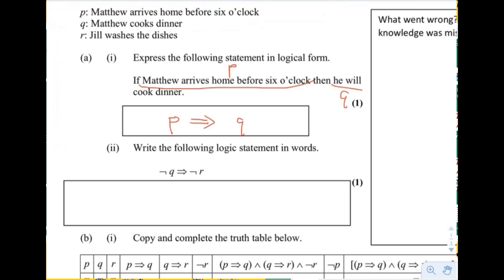Write the following logic statement in words. It has a not Q, therefore not R. So we could say if then, or we could say therefore, or we could say implies.